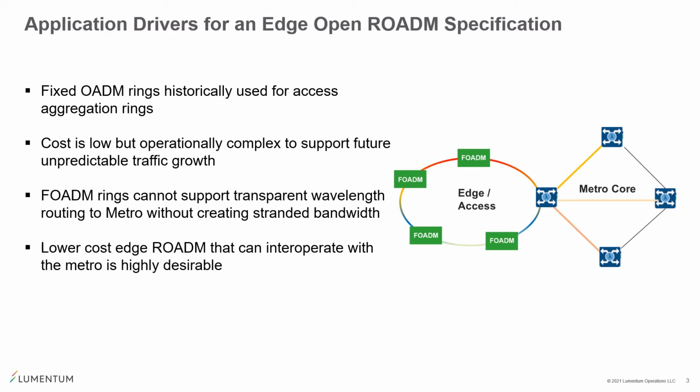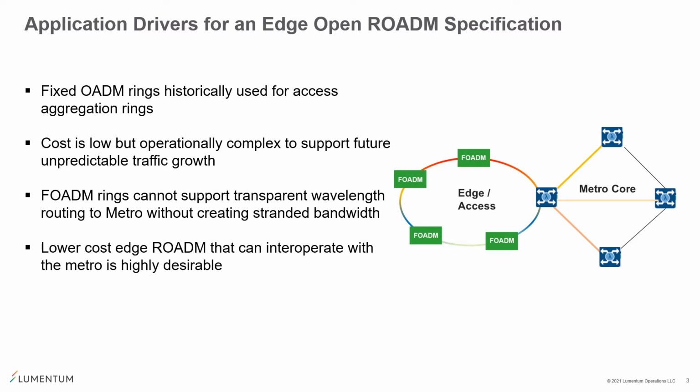Another change that's happening in the overall networks is coherent DCO modules are finding ubiquitous applications in all parts of the network, including the edge. And if you're going to be using coherent ports at the edge of the networks, it is desirable that any wavelength that originates at the edge of the network should be transparently routed into the metro core.